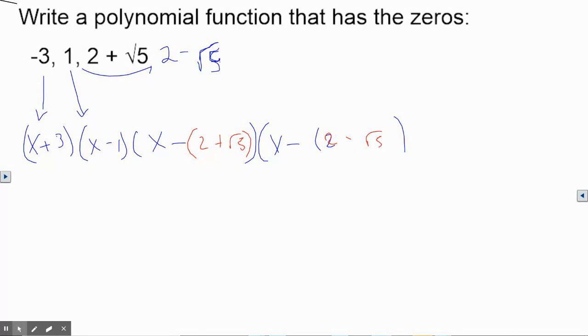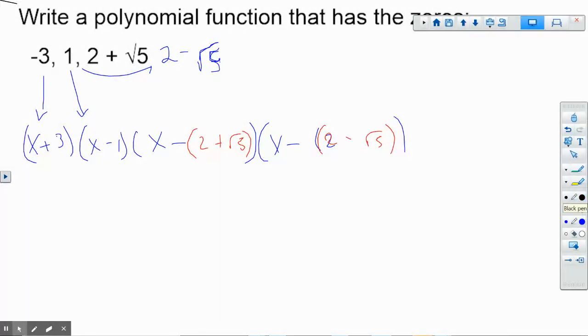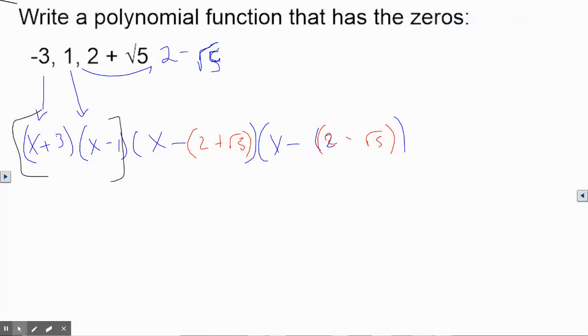All right. So you're probably thinking to yourself, you really don't want to have to multiply this whole mess out, but that's just what we're going to do. Now, the first ones are pretty straightforward. Multiplying these two together, most people can do however you do your stuff.